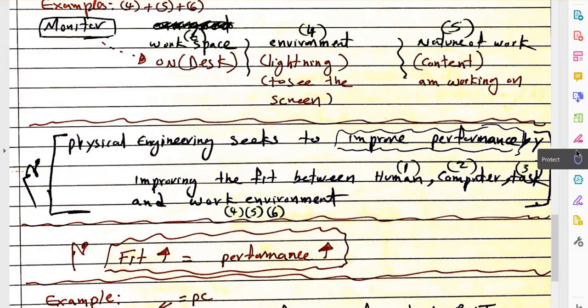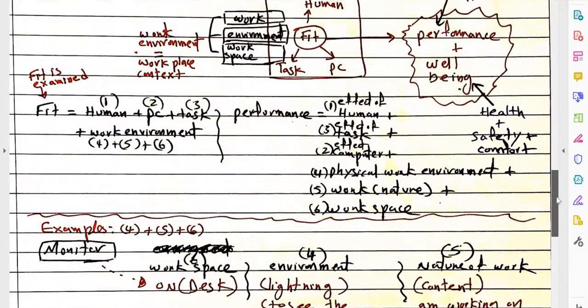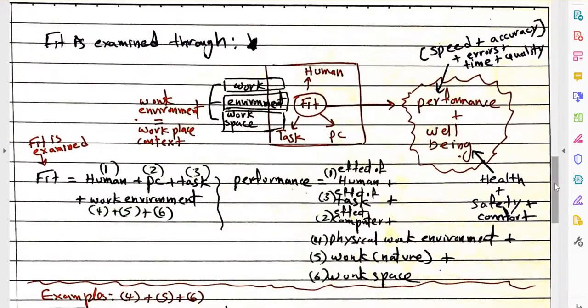On Sunday, we covered this. The key objectives of physical engineering or ergonomics engineering are two elements: performance and well-being. Performance means speed, accuracy, reducing errors, time, and quality. Well-being means health, safety, and comfort when you use these interfaces.